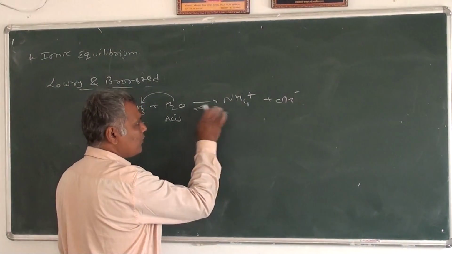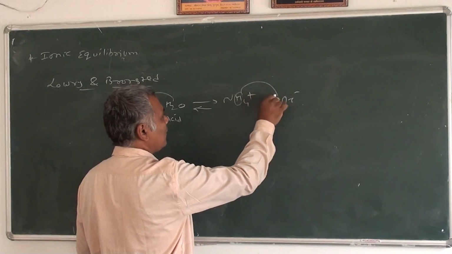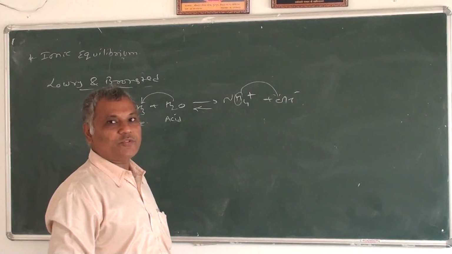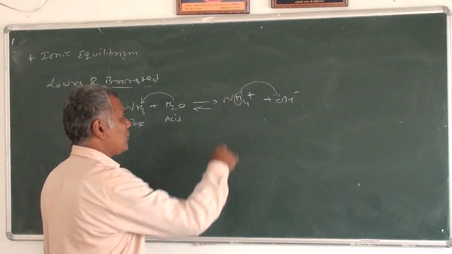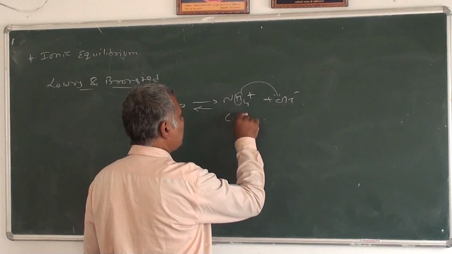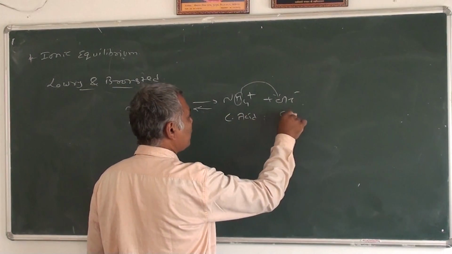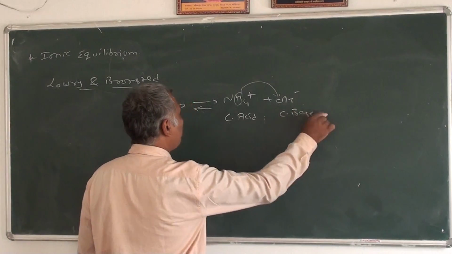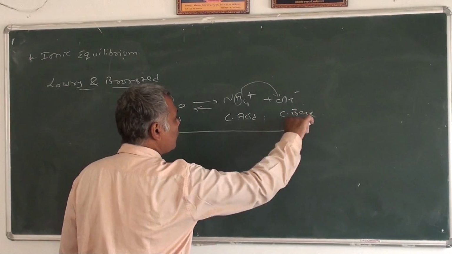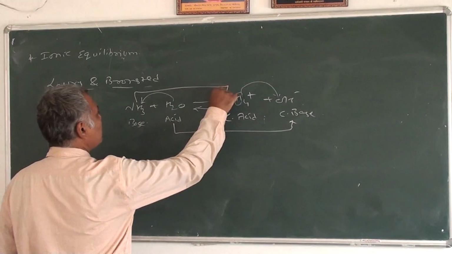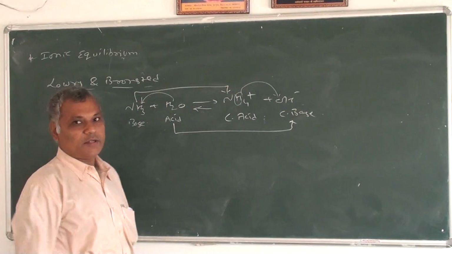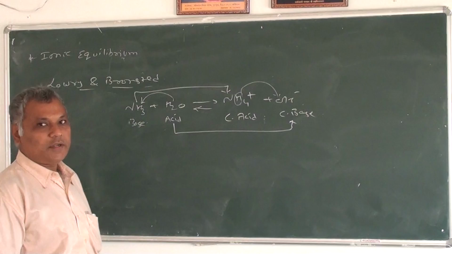But now for the reverse reaction, what will happen? NH4 plus will be donating, and OH minus will be donating. So this one is going to become conjugate acid, and this one is going to become conjugate base. So acid produces conjugate base, base produces conjugate acids. Right?